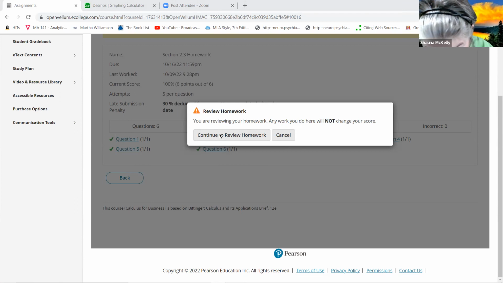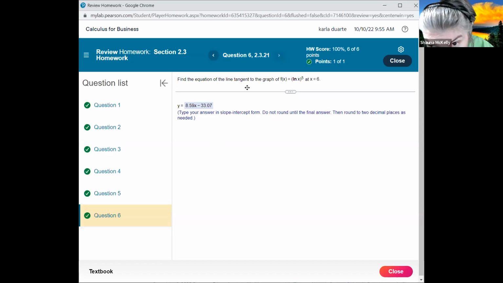Okay, there it is. They wanted a decimal approximation. So we've done all the work. We have to get these decimals, 8.59 and 33.07. Now, where do they come from? Well, this is where they come from.